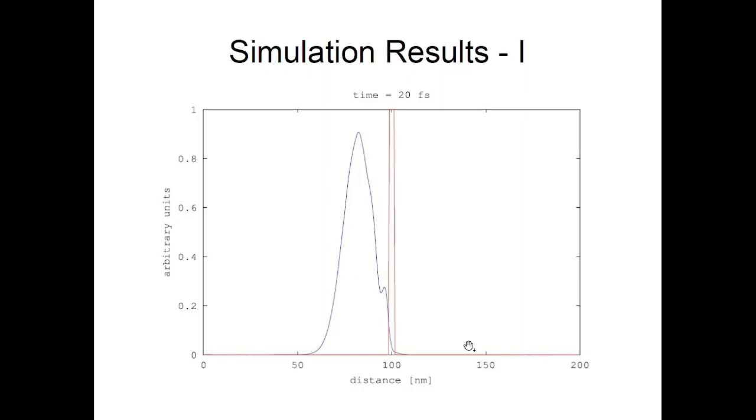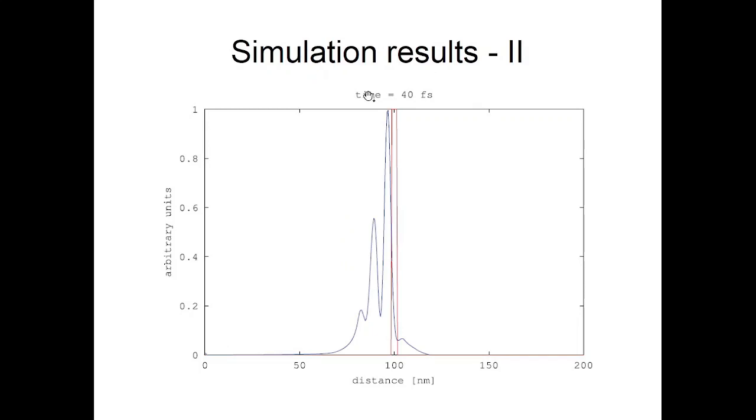So things are happening, and the wave packet is evolving in time. If we let the simulation continue to time equal to 40 femtoseconds, so we double the final time, this is the solution that we get.